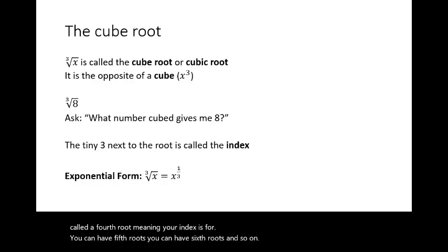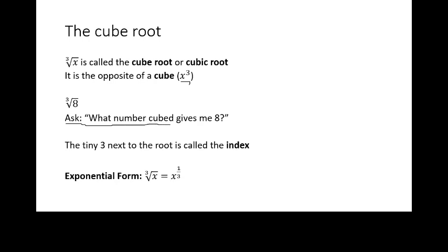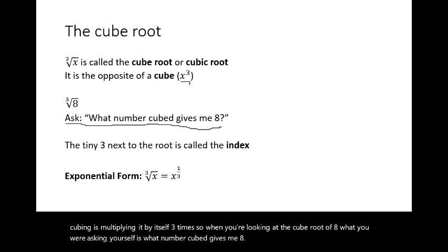Now, talking a little bit about cube roots: they are the opposite of cubing. And remember, cubing is multiplying a number by itself 3 times. So when you're looking at the cube root of 8, what you are asking yourself is, what number cubed gives me 8? Or what number times itself 3 times gives me 8?